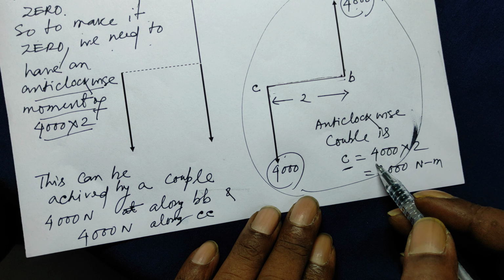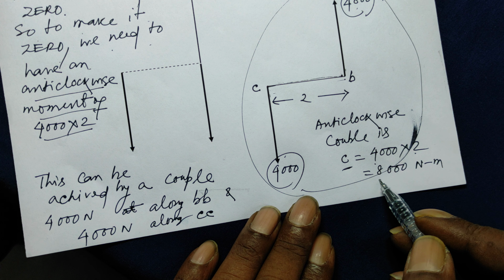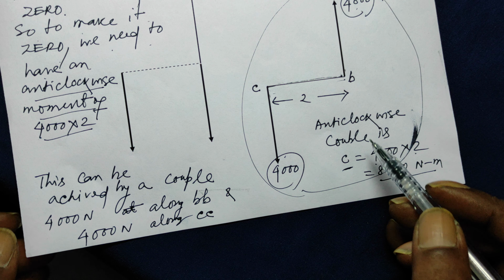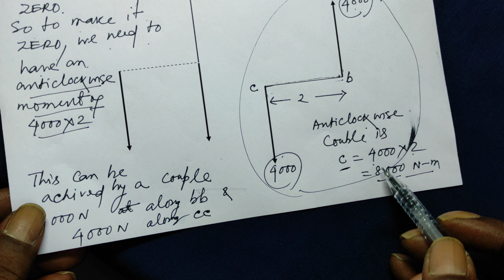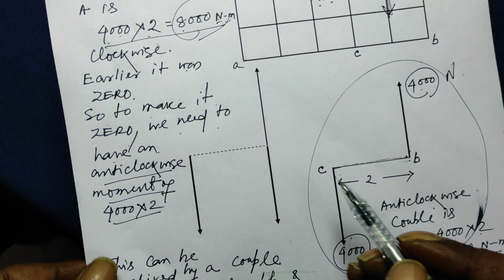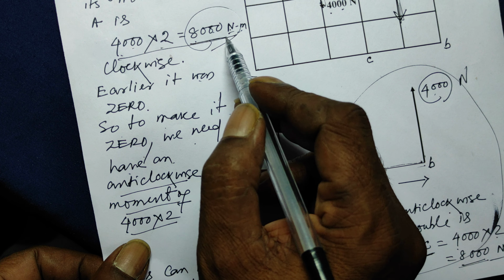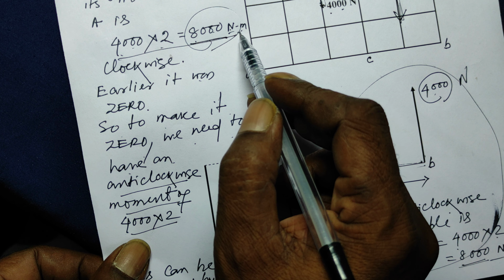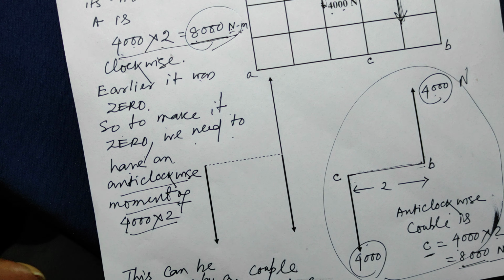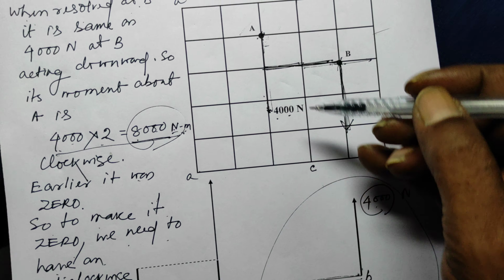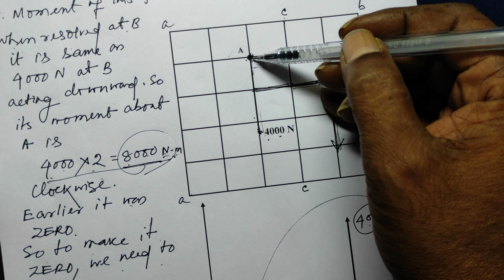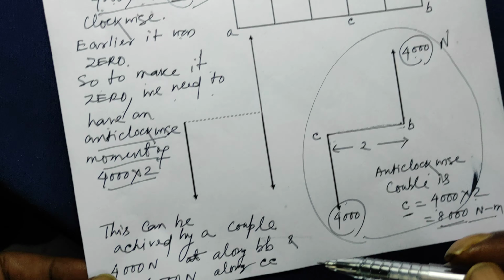So the couple C is equal to 4,000 into 2, that is 8,000 Newton meter. So this anti-clockwise couple of 8,000 will balance this 8,000 Newton meter clockwise to make it 0, because it was initially 0 when 4,000 Newton was acting from point A to this side.